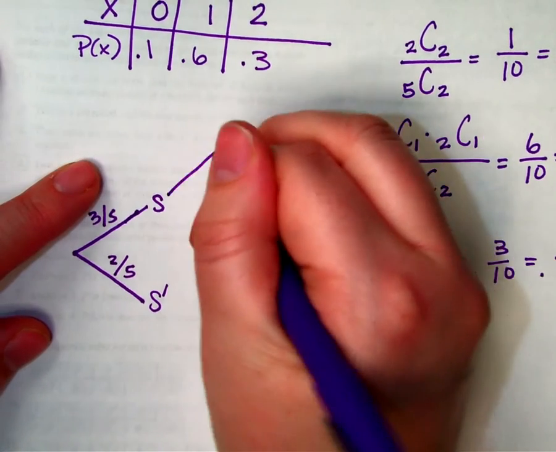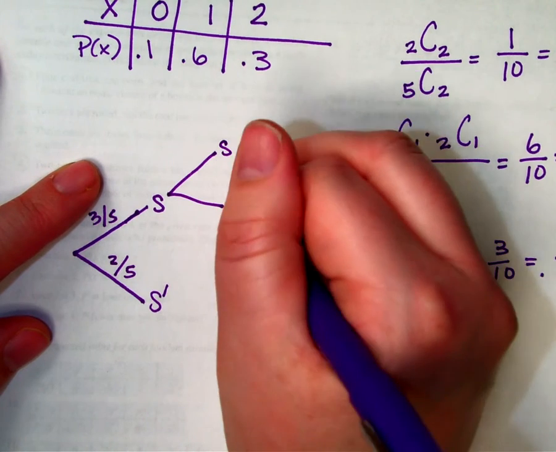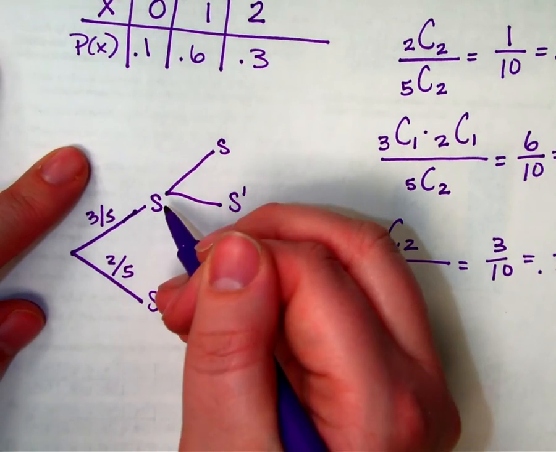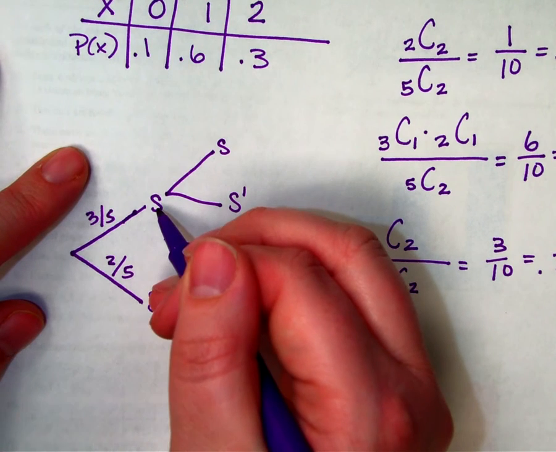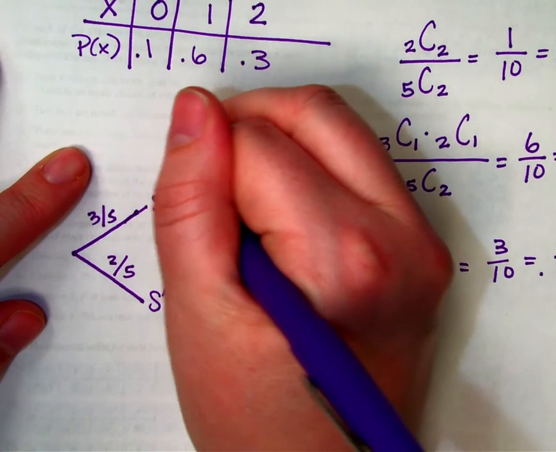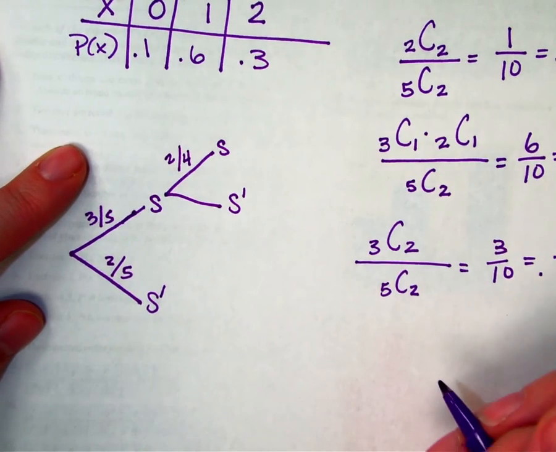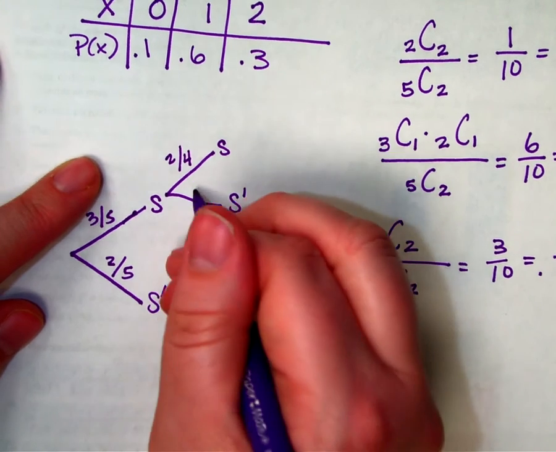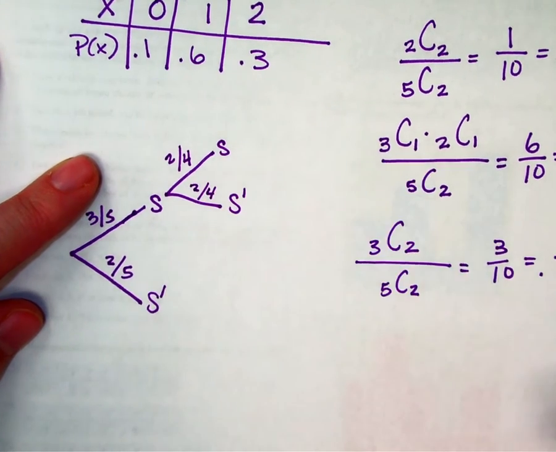Then you're going to draw a second name, and that second name will either be a swimmer or a non-swimmer. So if the first name chosen is a swimmer, now you have 2 out of the 4 remaining people that are swimmers, and 2 out of the 4 remaining people that are not swimmers.